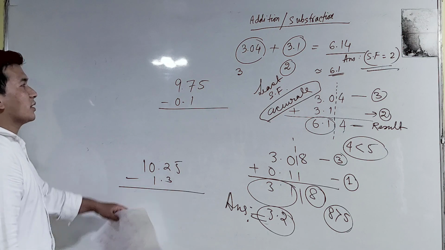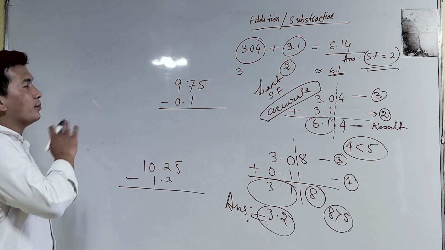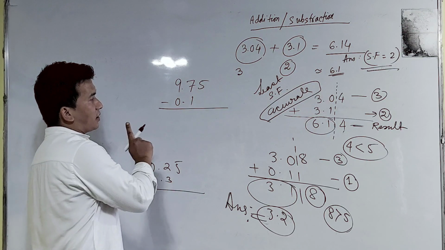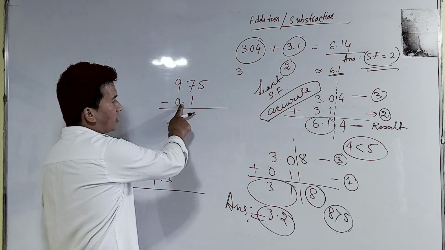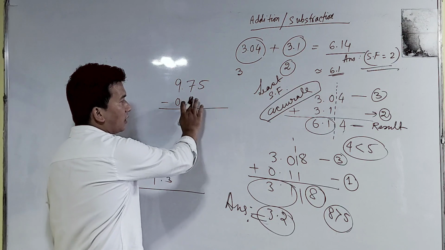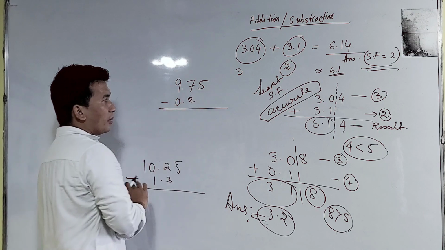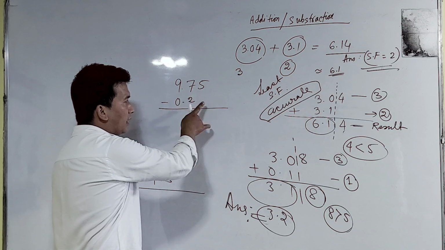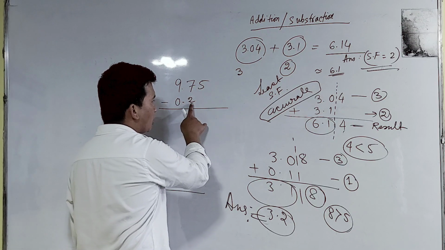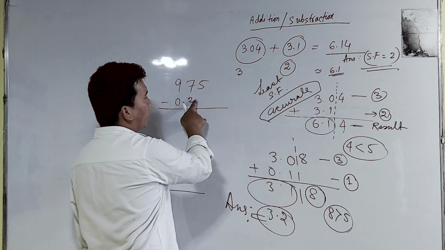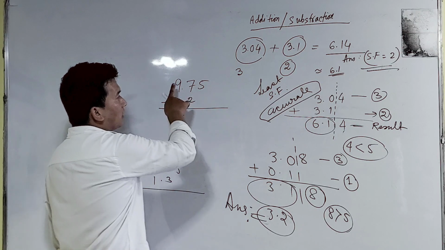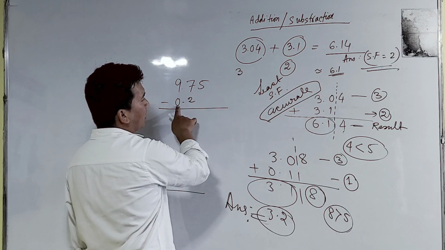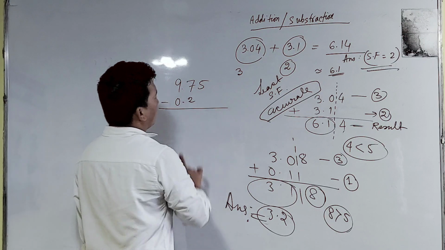Here, for subtraction also we will follow the same rule. What is the least number of digits after the decimal point? The least number of digits after the decimal point is only 1. The second number contains only 1 digit after the decimal point, and the first number contains 2 digits after the decimal point.